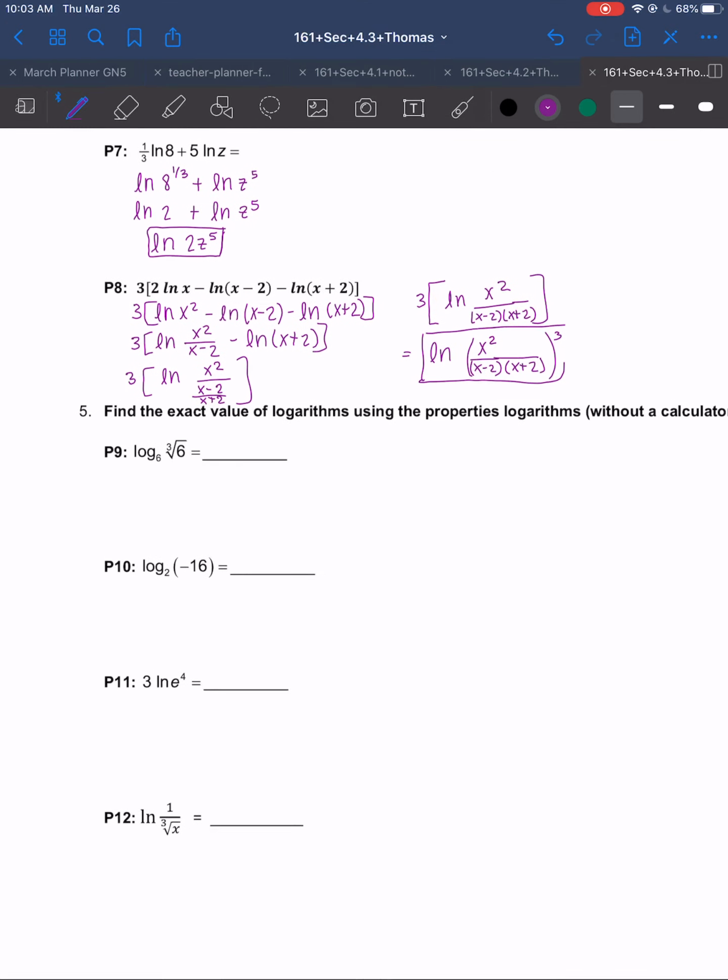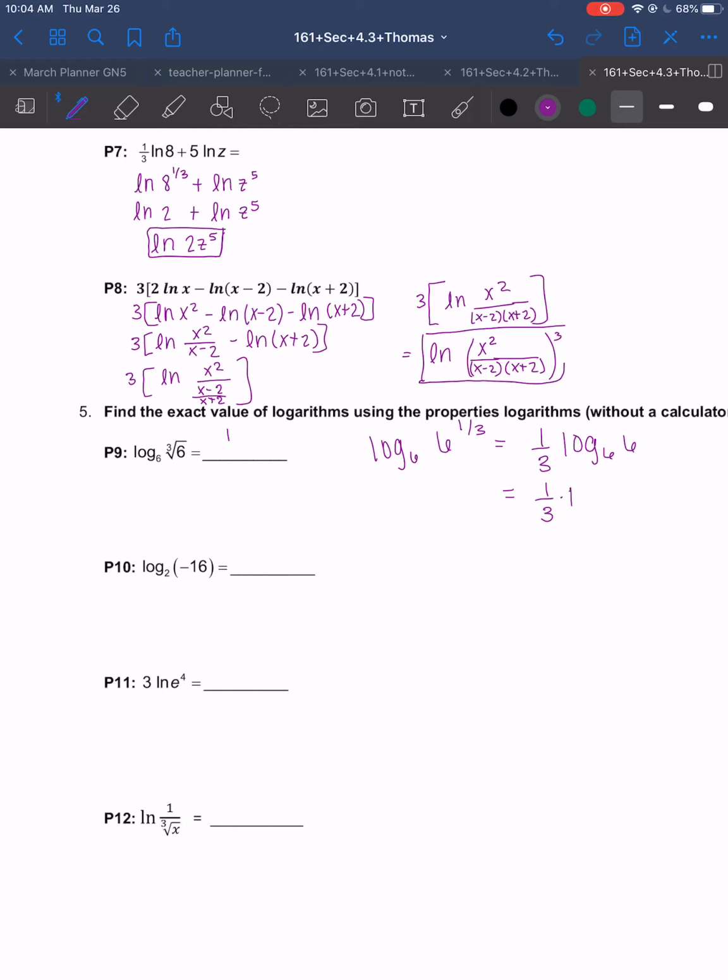And lastly, we're going to find the exact value using properties of logarithms. So I can say log base 6 of 6 to the 1/3 power. So then I can separate that and have 1/3 log base 6 of 6. Log base 6 of 6 is 1.